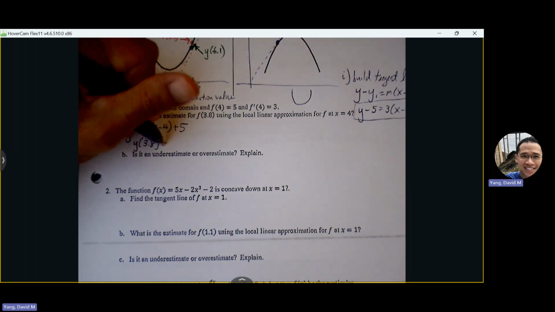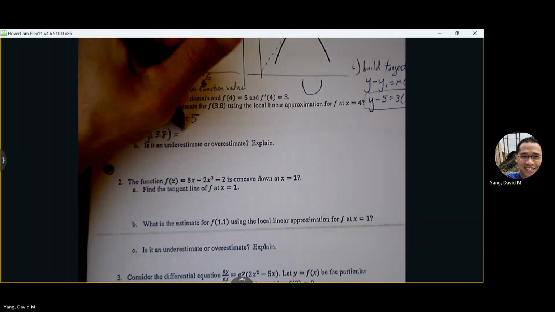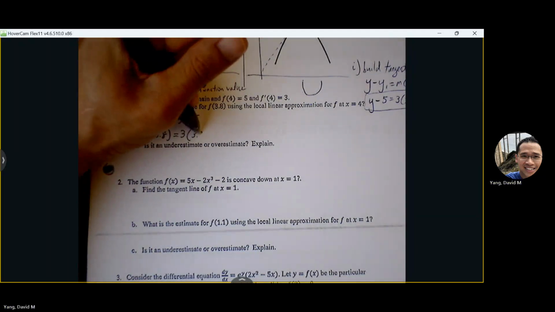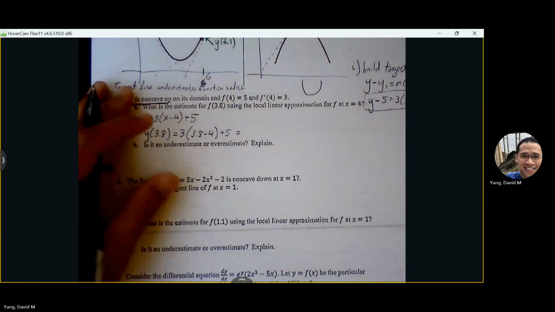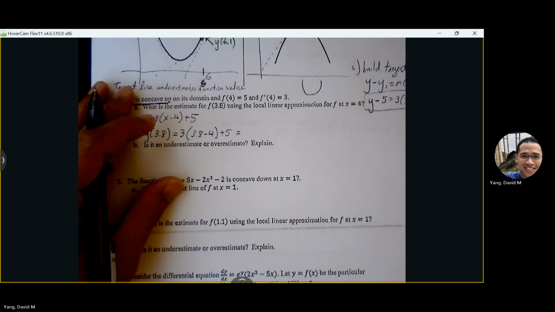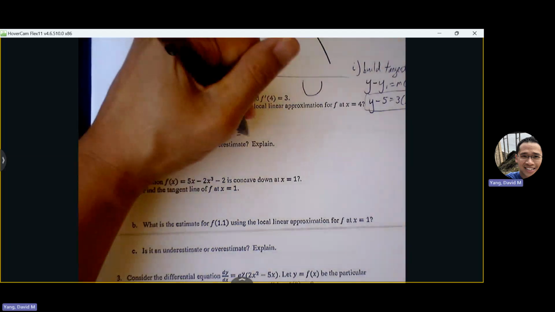That just indicates I'm about to insert 3.8 into my linear equation. And yeah, we can use our calculator. I'm not going to ask you to do a bunch of number crunching with decimals. In this unit, you'll get to use your calculator. This ends up giving us 4.4.